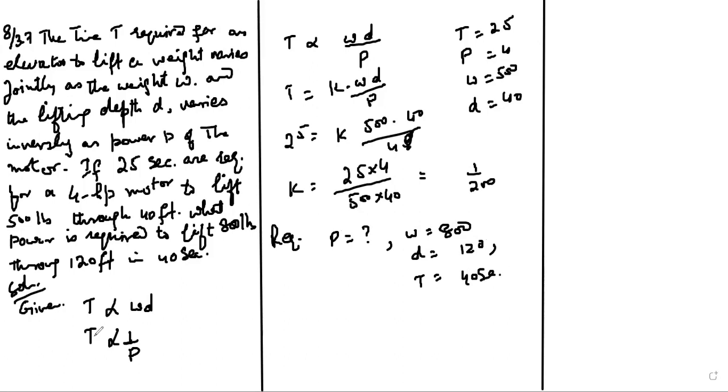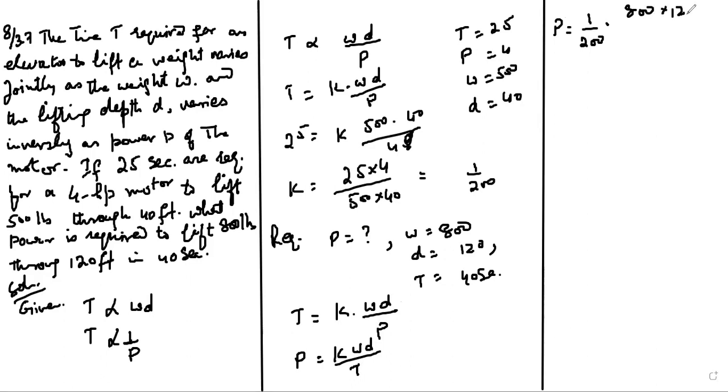We know that T equals KWD divided by P. So P equals KWD divided by T. Putting the values, P equals 1 over 200, this is the value of K, times W, 800, times D, 120, divided by 40 seconds.